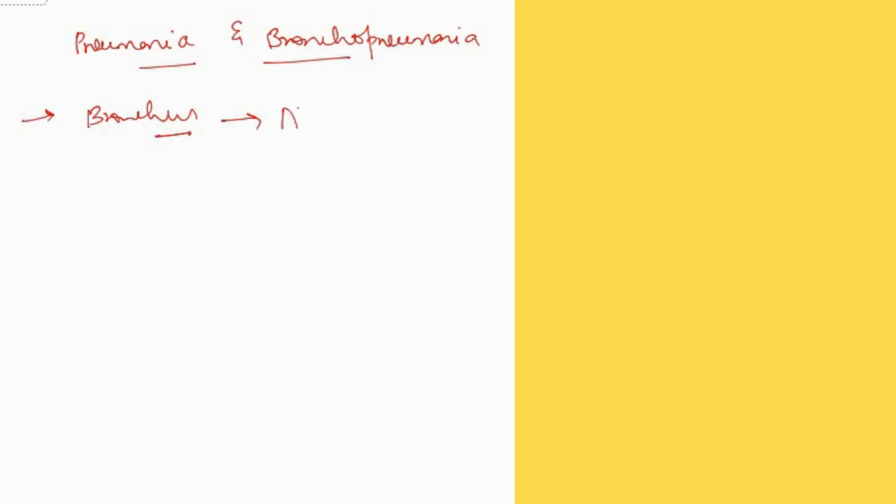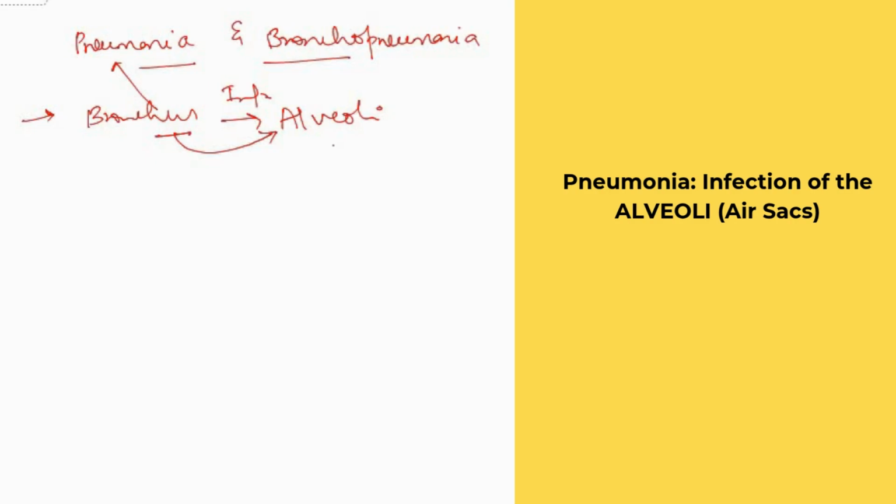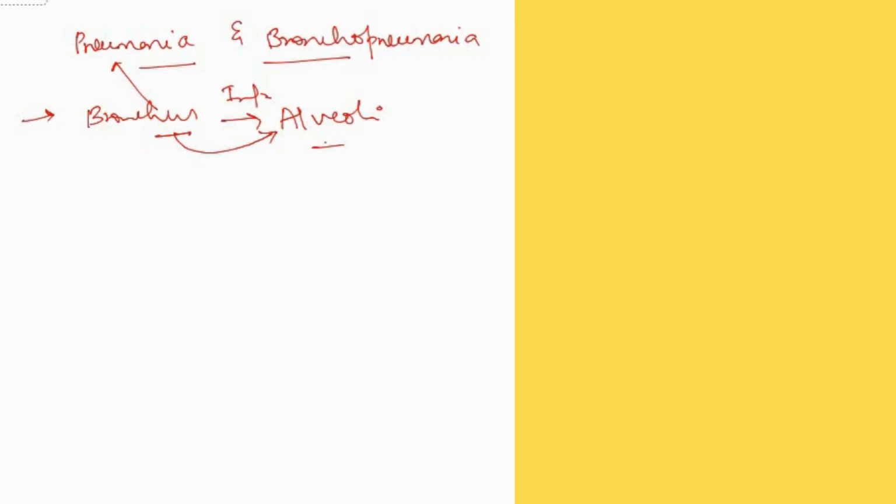When the infection of bronchus spreads to alveoli, then that is called as pneumonia. Pneumonia is the infection of alveoli. As we all know, alveoli are the small air-filled cavities where exchange of gases takes place.